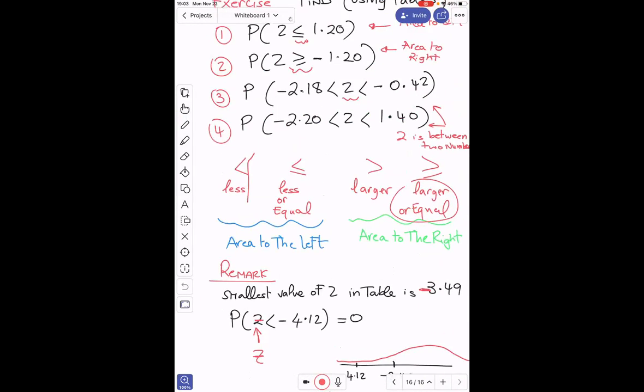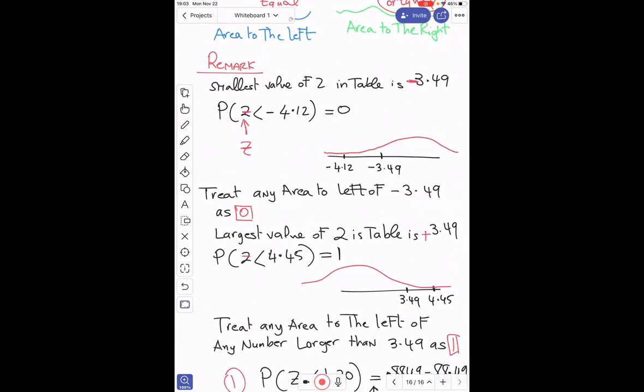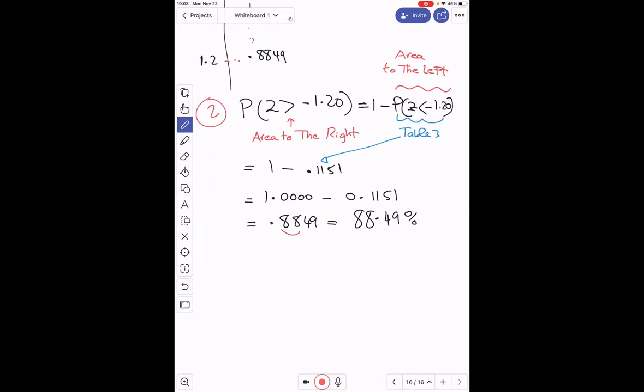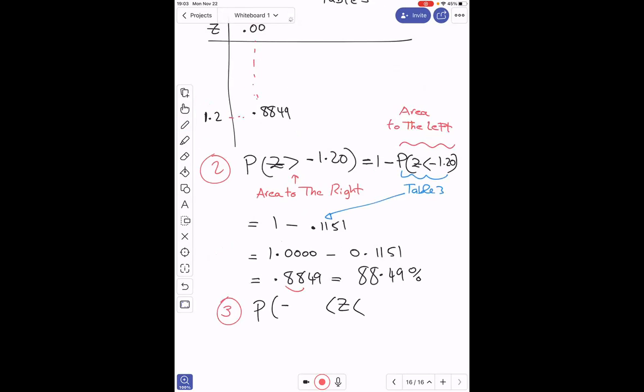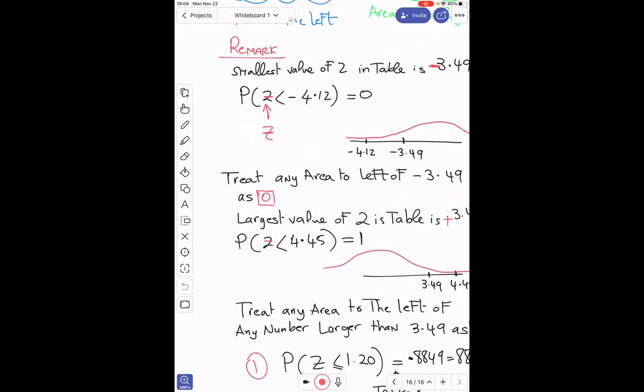Number 3 is the probability that your Z is between negative 2.18 and negative 0.42. So Z is between negative 2.18 and negative 0.42.